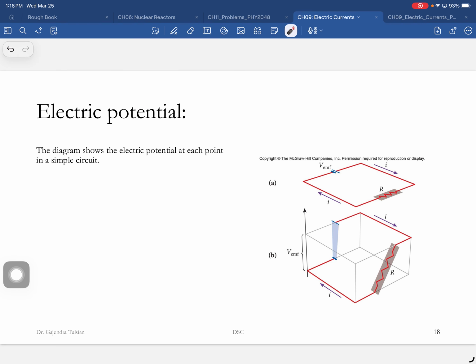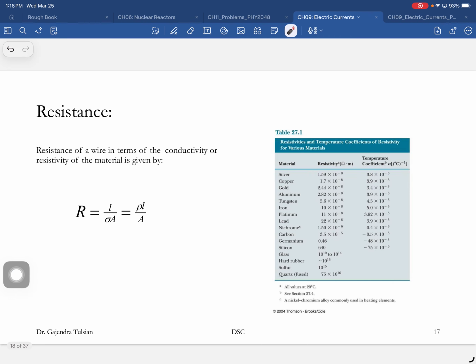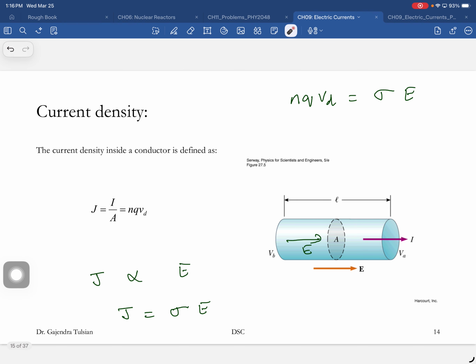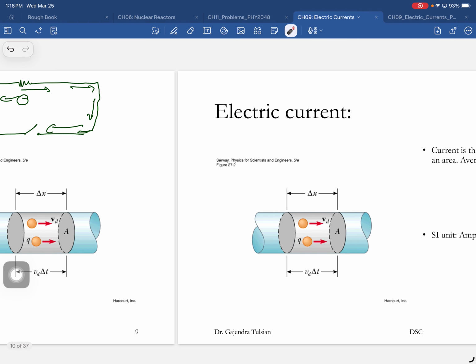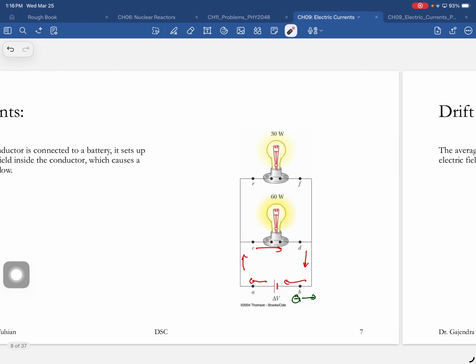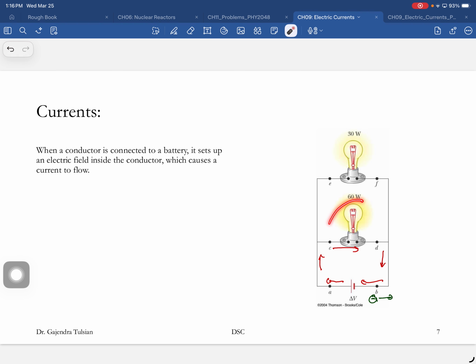Now here's a good diagram to remember sort of what's happening. So what was this device? It's a device that converts electrical energy to light. We use various devices.